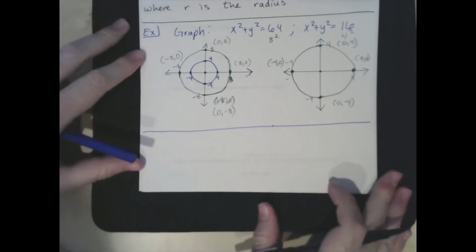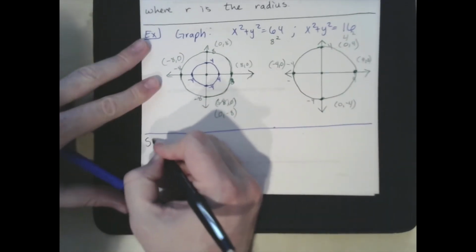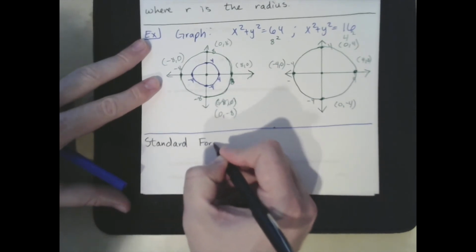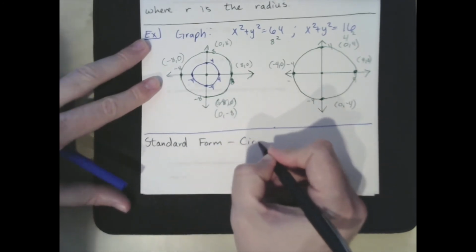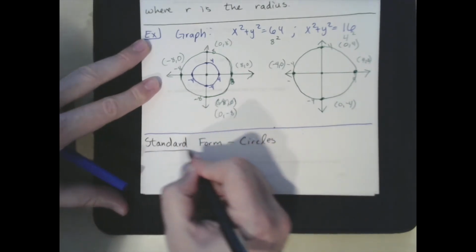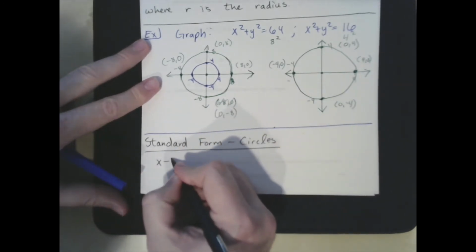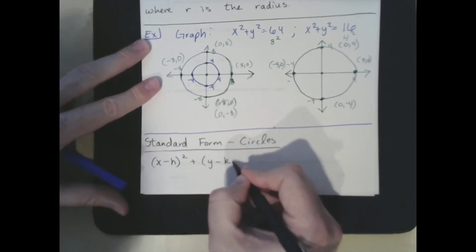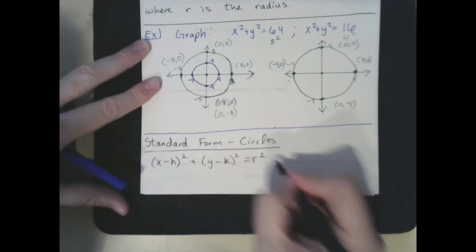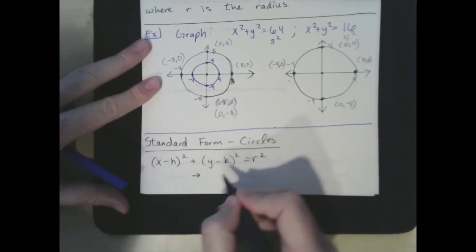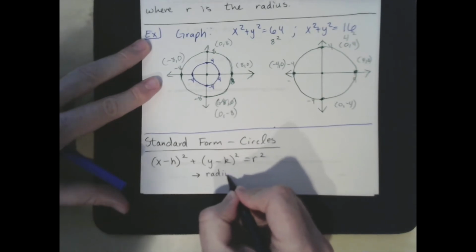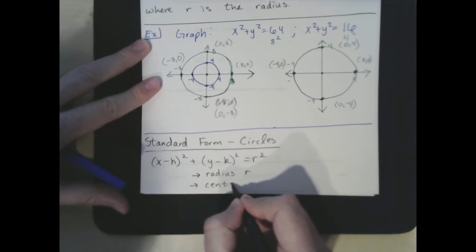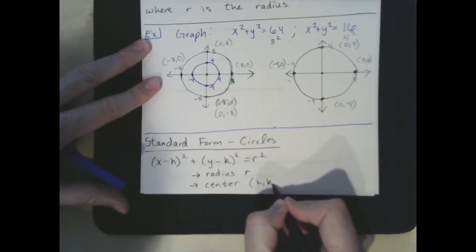So standard form for a circle is x minus h quantity squared plus y minus k quantity squared equals r squared. This still has radius r, but its center is no longer the origin. Its center is h comma k.